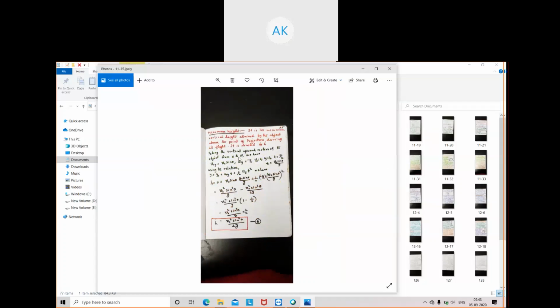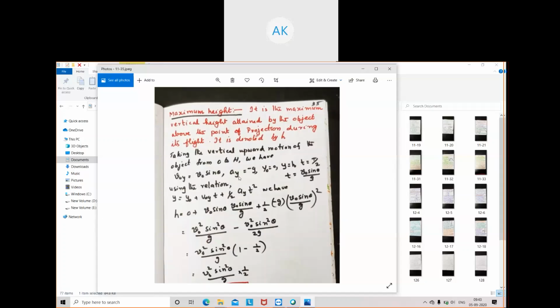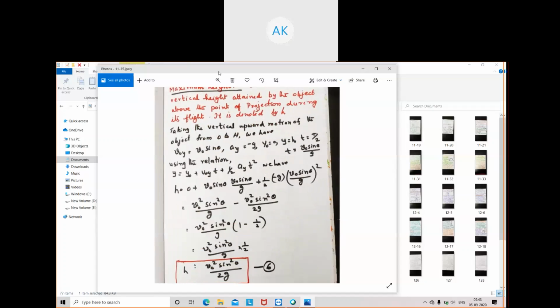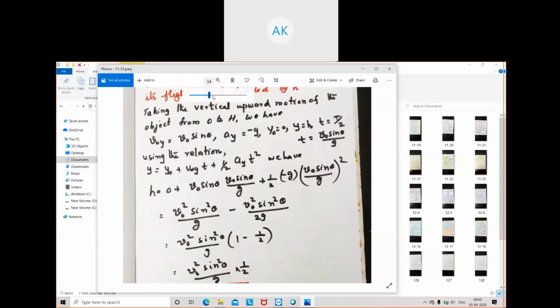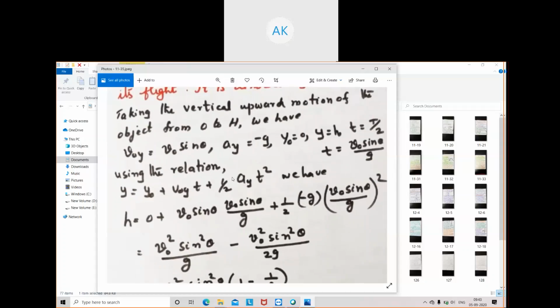Next is maximum height. Maximum height is found with the formula y equal to y0 plus v0y into t plus half ay into t square. Y0 means origin, and the origin is 0, so y0 is 0.